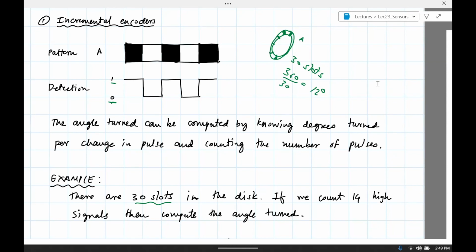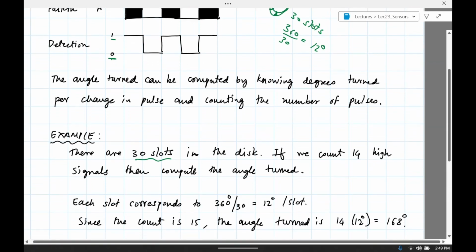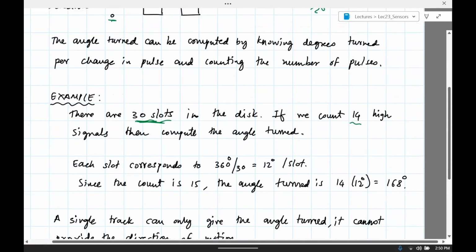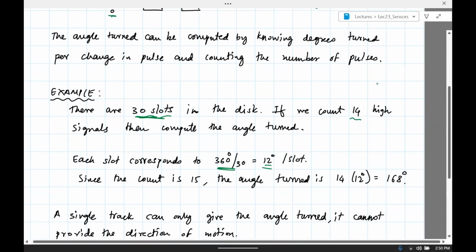Once we know that it is 12 degrees per 1 and 0, we can then figure out the angle turned. For example, with the same 30 slots, if we note 14 highs, 14 ones, 14 such peaks, then we can compute the angle turned as 360 divided by 30, which is 12, times 14, which is 168.